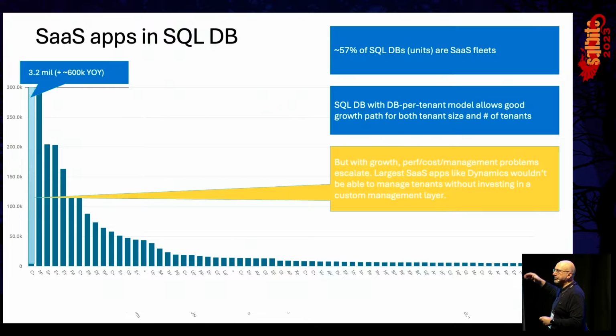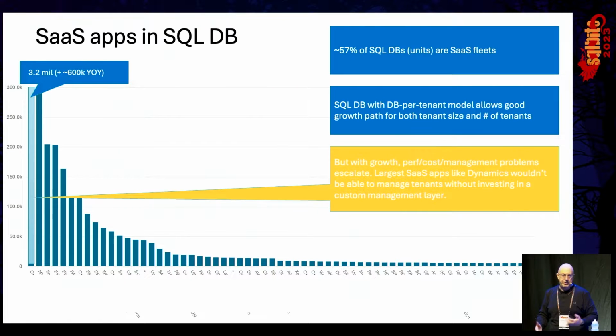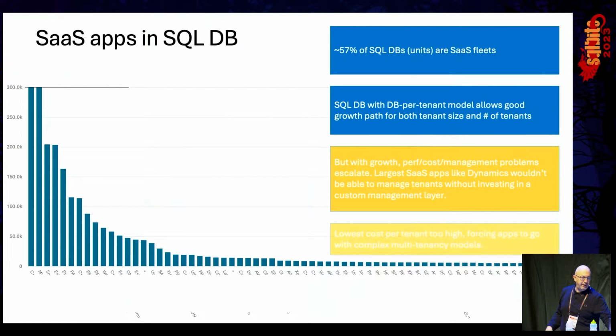So today they are hosting more than 3 million databases on SQL Database, right? And they can do that without an army of DBAs because they invested a lot in an automation layer, which is deploying and managing the life cycle of those databases, right? I don't know if this data point is true, but they say they have only 2 DBAs taking care of 3 million databases thanks to the automation layer that they created, right?